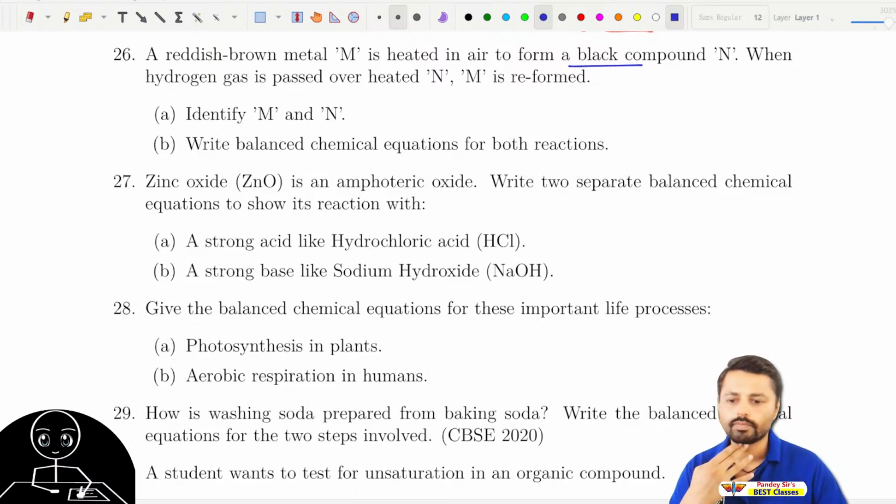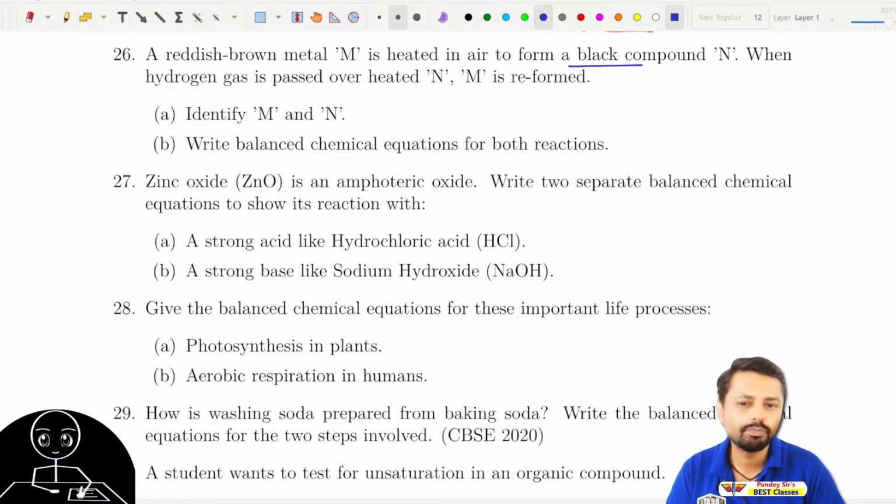What is black in color? Heated in air to form a black compound. Black is N.